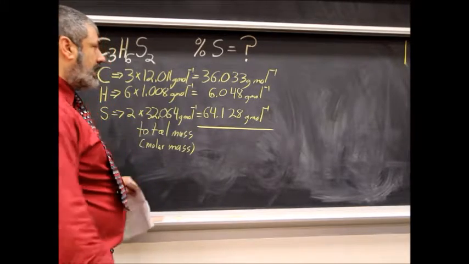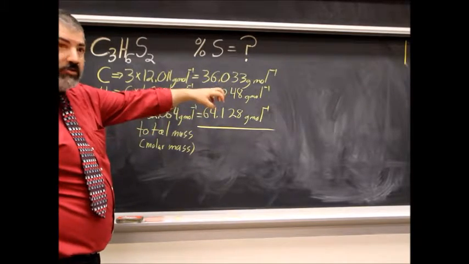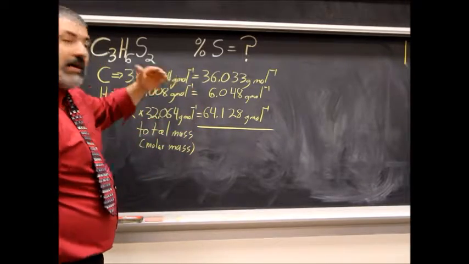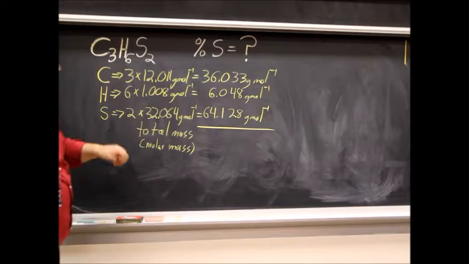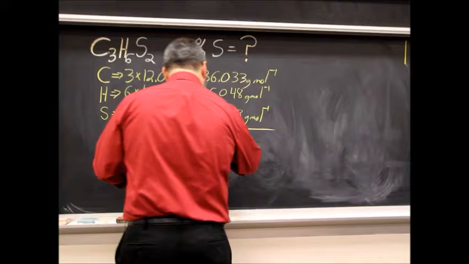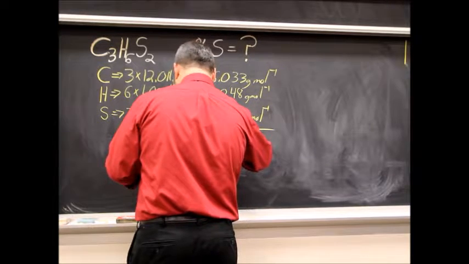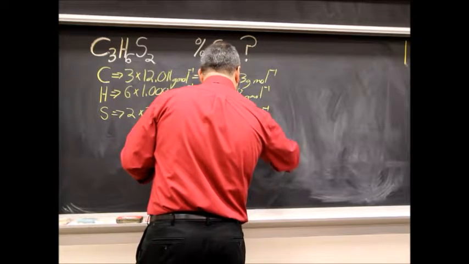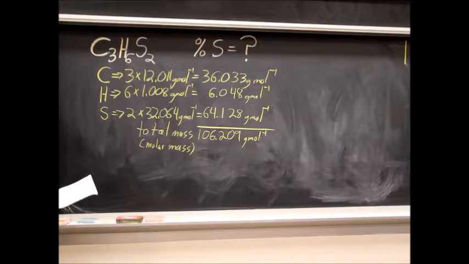Regardless of what we're calculating here, percentage is going to be the item we're interested in divided by the total. In this case, it's going to be molar mass of what we're interested in, sulfur, divided by the molar mass of the total. But we have to take into account that there are 2 sulfurs. So the total mass is 106.209 grams per mole.